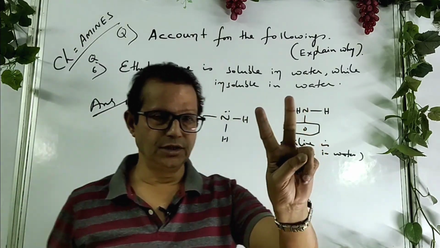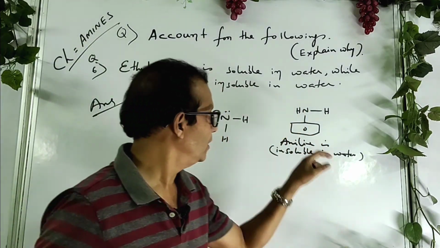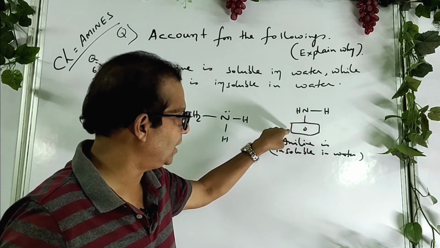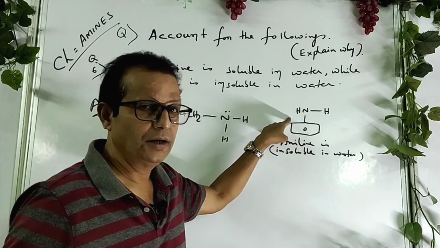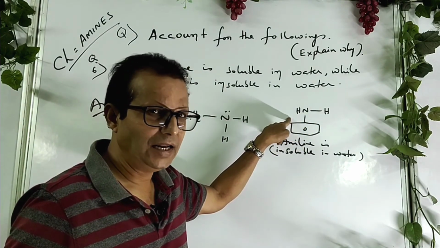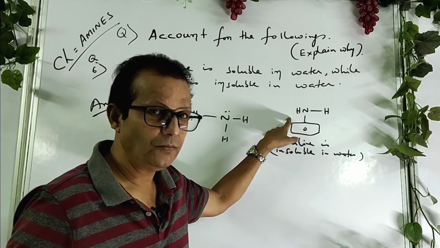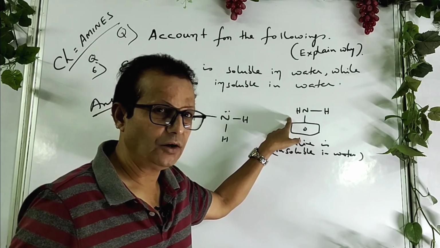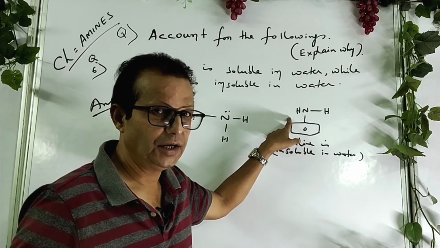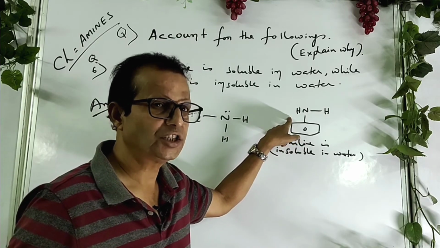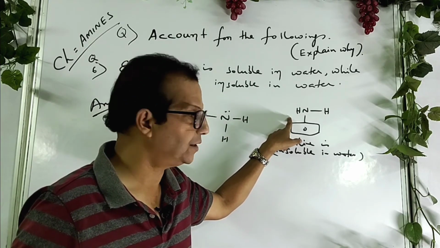There are two reasons. First, due to the presence of the bulky benzene ring, aniline cannot form hydrogen bonding with water easily. This is known as steric hindrance, you know it.